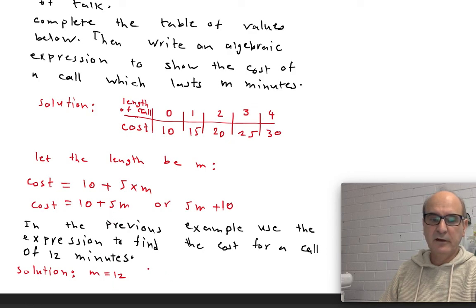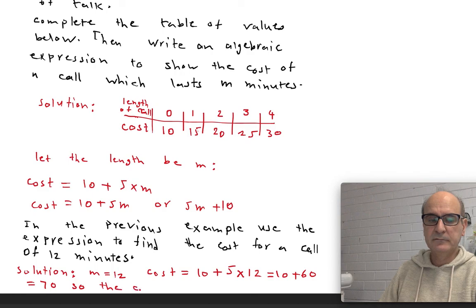So then the cost is going to be 10 plus 5 times m, which is 12. And you've got to do the times first. 5 times 12 is 60, so it becomes 10 plus 60, and that gives you 70. So the cost is 70 cents.